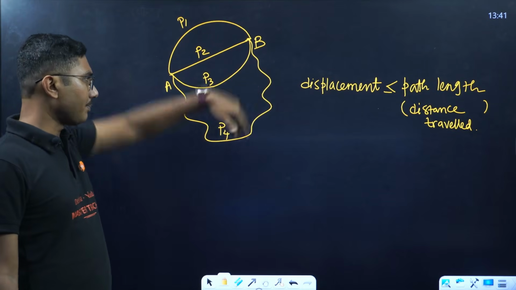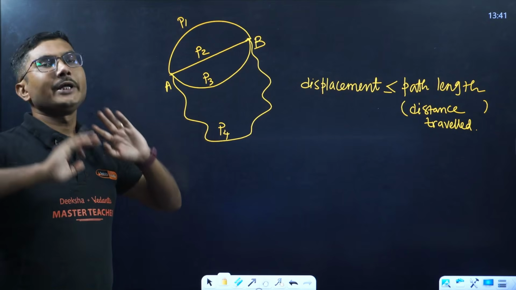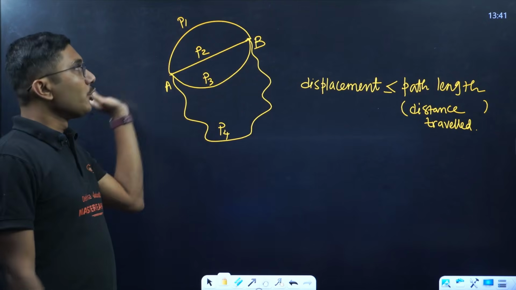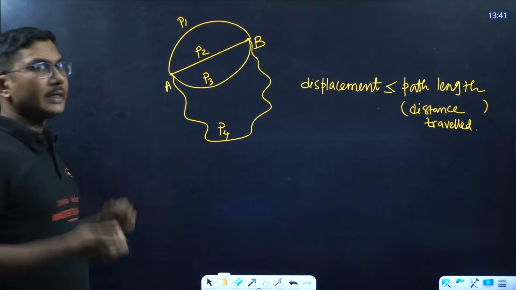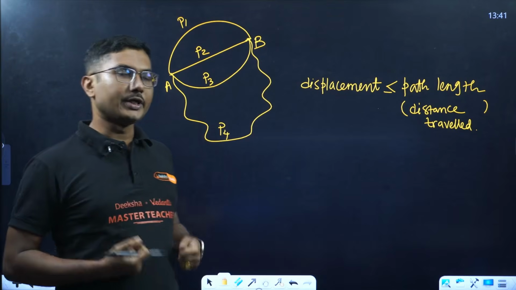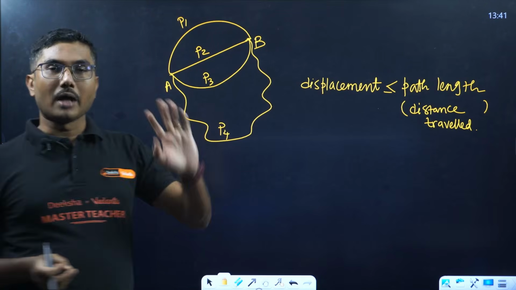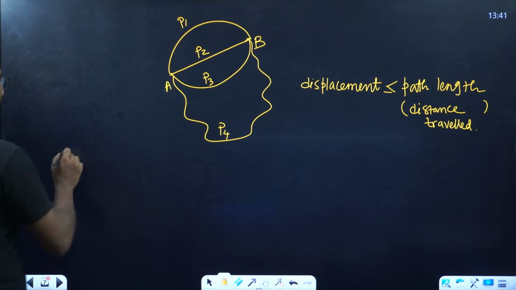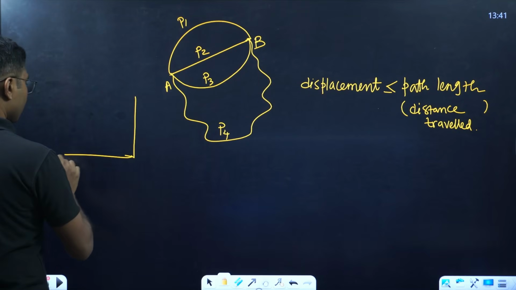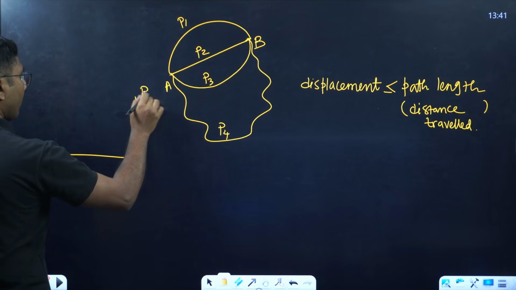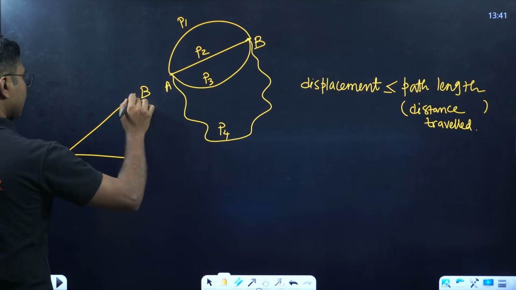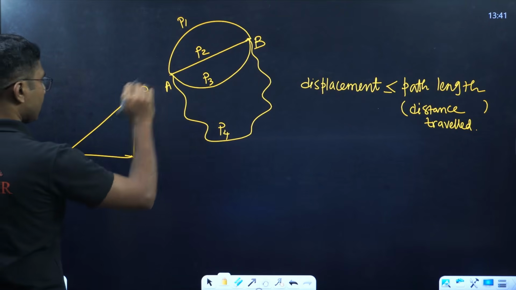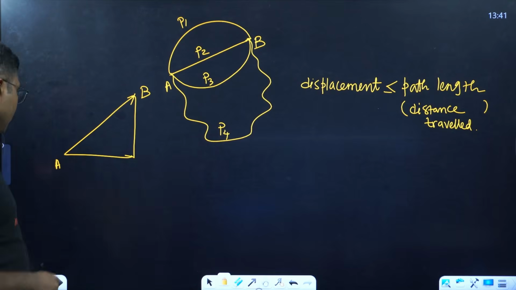Any other path you take, displacement will always be fixed no matter what path you choose. So displacement is a vector quantity, it is a fixed quantity, no matter what path you choose. Suppose you want to reach from A to B, you can go like this also. So this is your total path, but displacement will be only this. This is the displacement. So remember this.